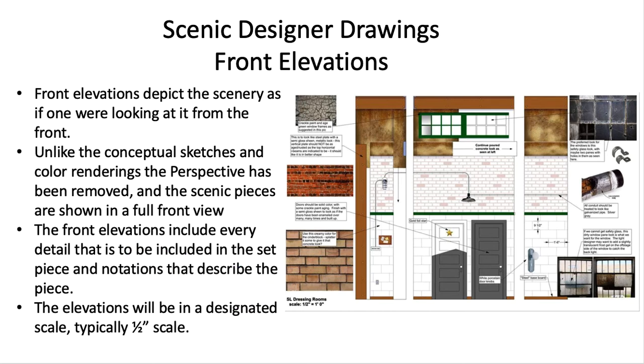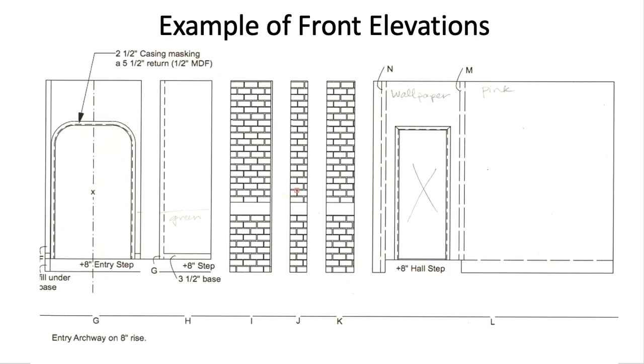Front elevations are not at all in perspective, so it's a straight-on view of every single wall or scenic unit on the set. And every last detail that that set designer wants on their set needs to be indicated in these drawings.